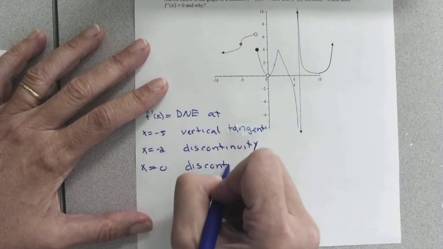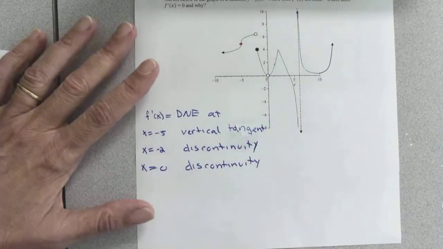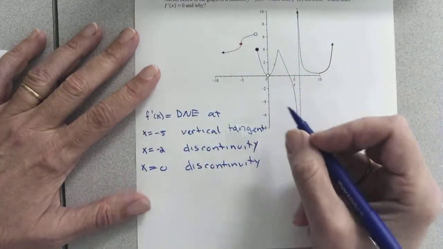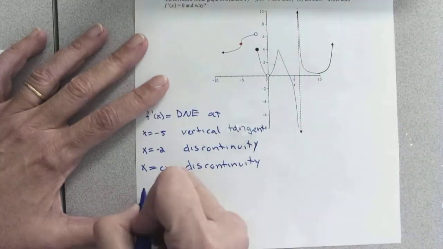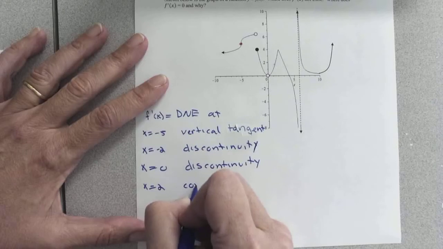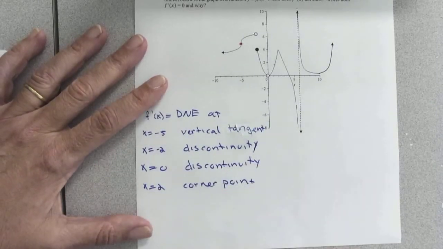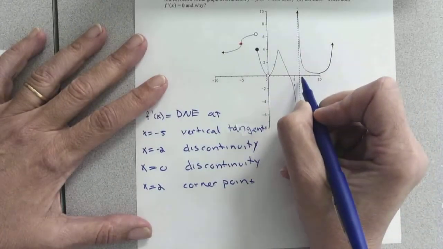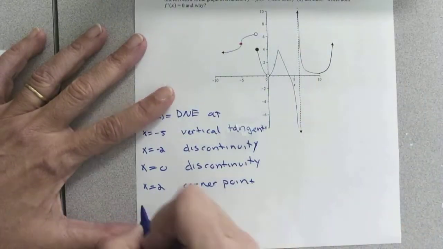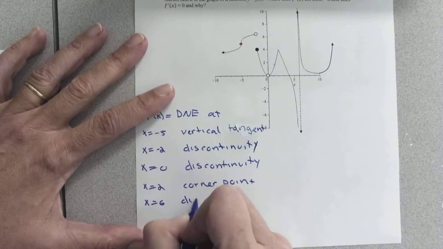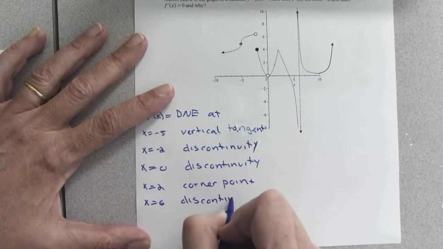Again, we have a discontinuity. Then I've got a corner point, which looks like at x equal 2. And then the last place will be where this asymptote is, and that's x equals 6, a discontinuity.